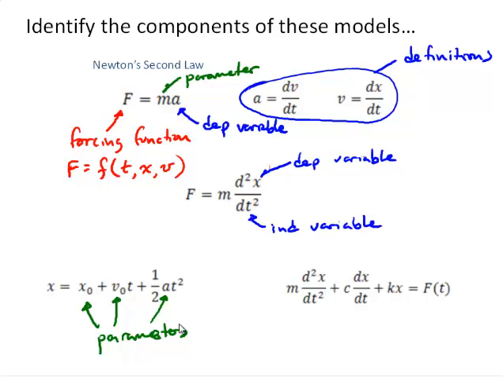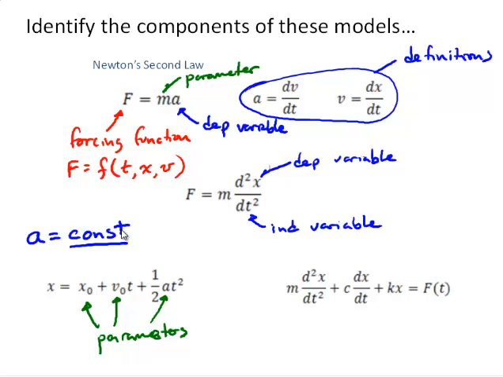And you may say, well, wait a minute, a was just a dependent variable in Newton's second law, but now it's a parameter? One thing to see here is that whether something is a parameter or a dependent or independent variable or a forcing function always depends on the context of the model. Remember that this whole model for constant acceleration kinematics started with some assumption that the acceleration is a constant.